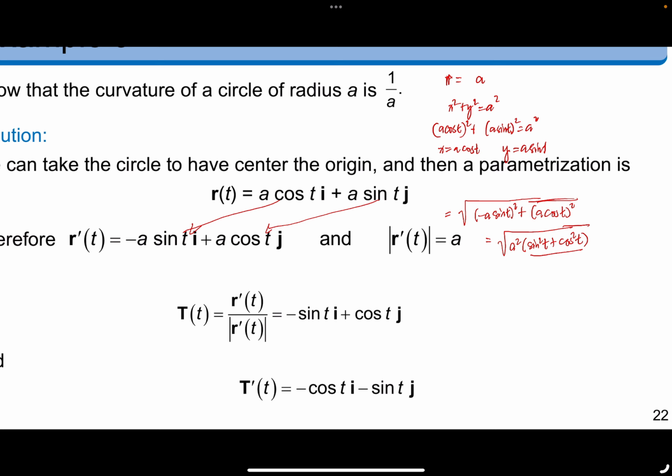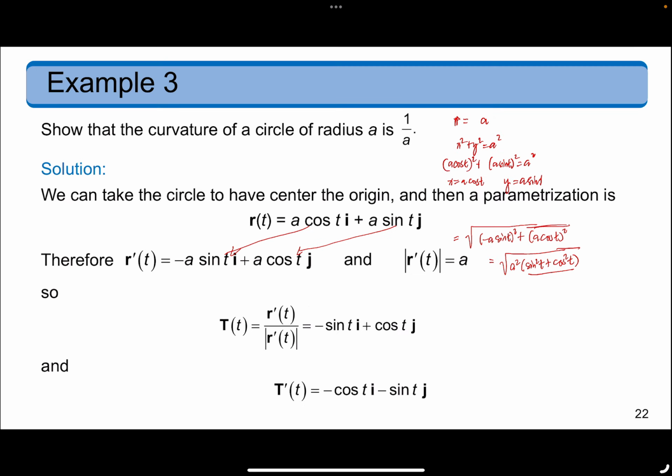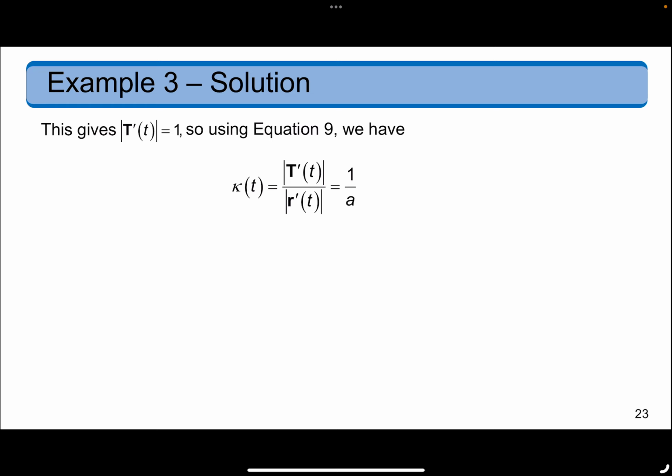So we differentiate this. The derivative of sine is cosine, so negative cosine t i, and the derivative of cosine t is negative sine t j. So this would give the magnitude of T prime to be equal to 1.